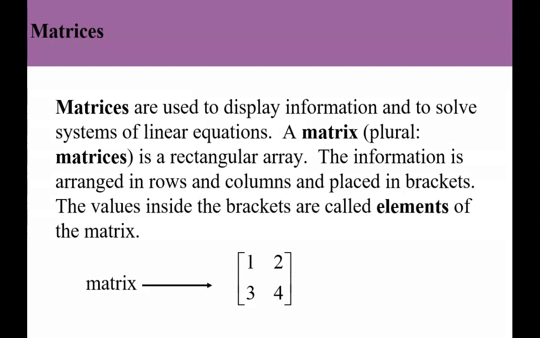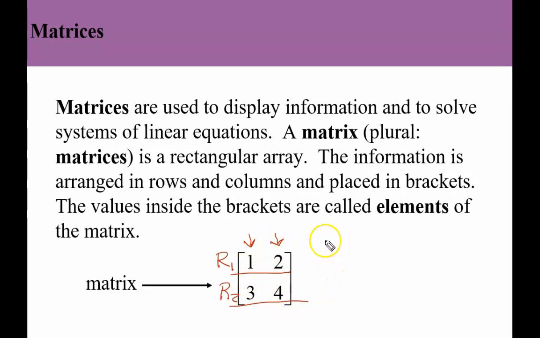So an example of a matrix is one that we see here. As we look at this, these are the rows. This would be row 1, and this is row 2. And then vertically, we have our columns. This is column 1, and this is column 2.